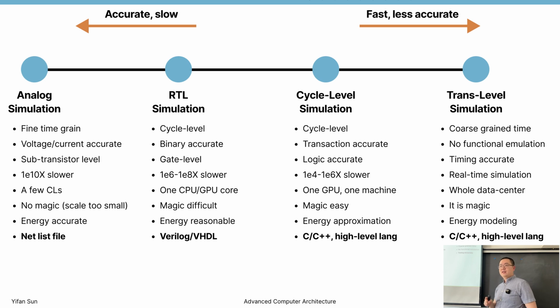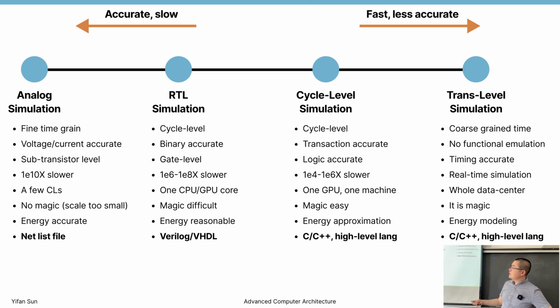But we can assume that if it's a NOT gate, you can always simply invert the result. Now for analog simulation, we may consider that this NOT gate may even not work, right? For RTL simulation, we always assume the gate works. Then for cycle level simulation, we do not care about gates. We say, oh, here we need a multiplication. Now we just simply use software to do the multiplication. We don't really care about gates. Here we only care about the timing being accurate.